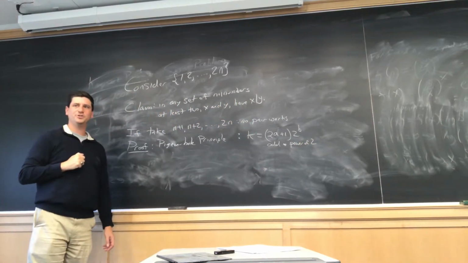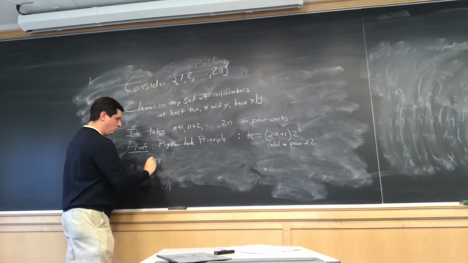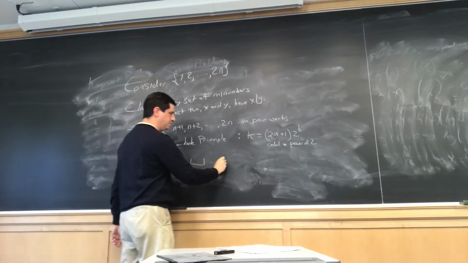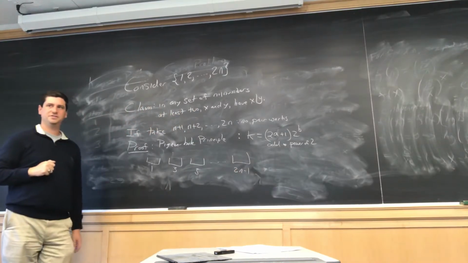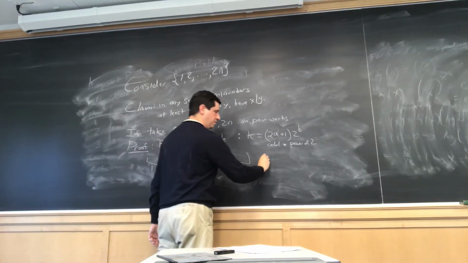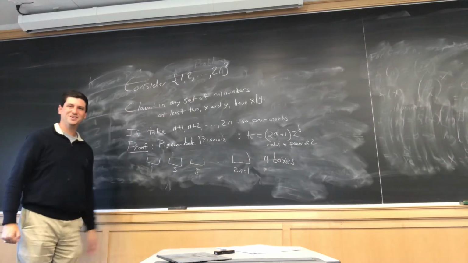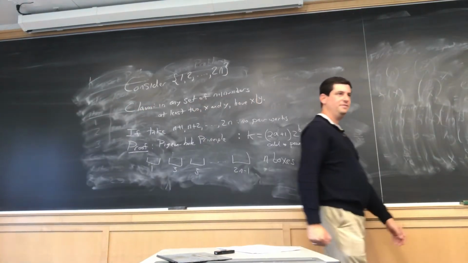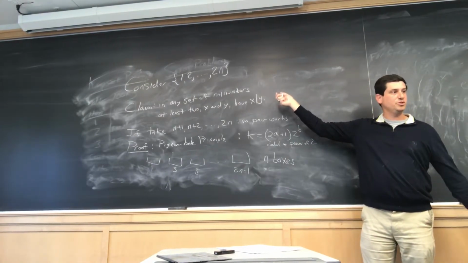What are our boxes going to be? Odd numbers. 1, 3, 5, up to 2n minus 1. How many boxes are these? n boxes. And what are our pigeons going to be? We're choosing n plus 1 numbers, so those numbers are our pigeons.